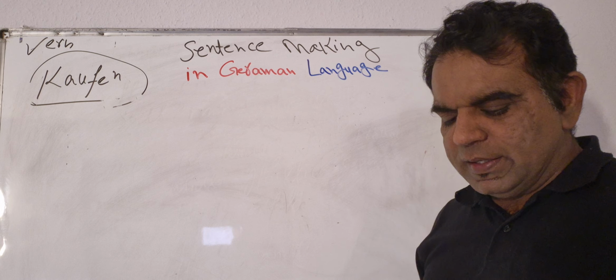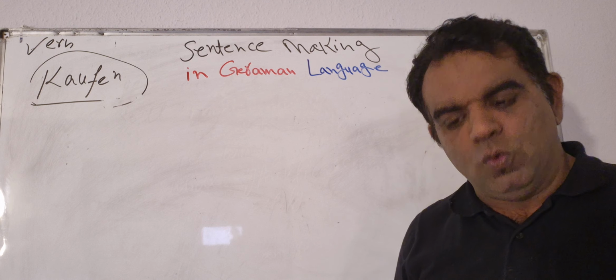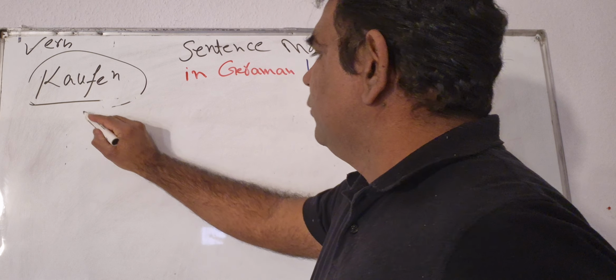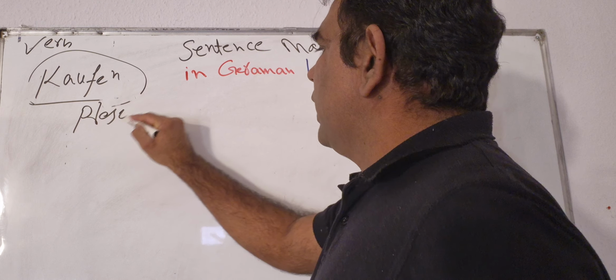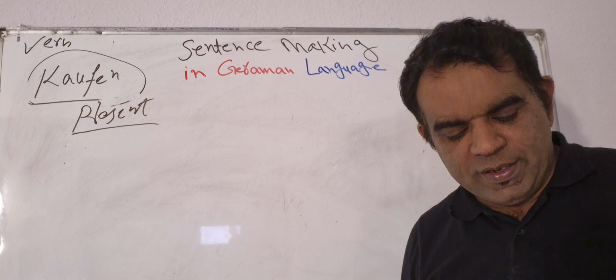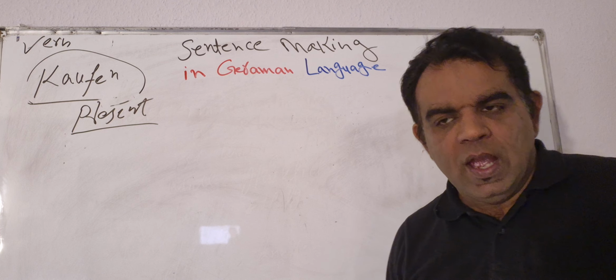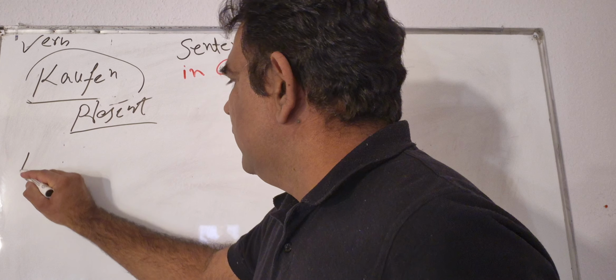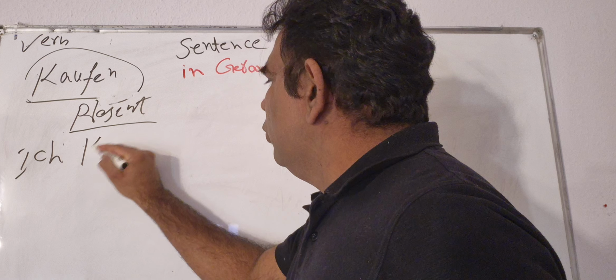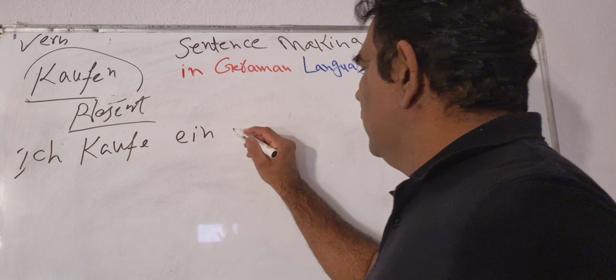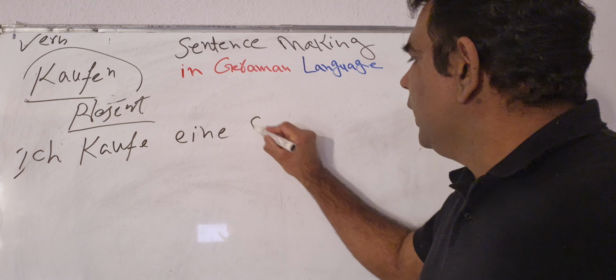Now we make sentences in the present tense. For example, if you say, ich kaufe eine schöne Blume.